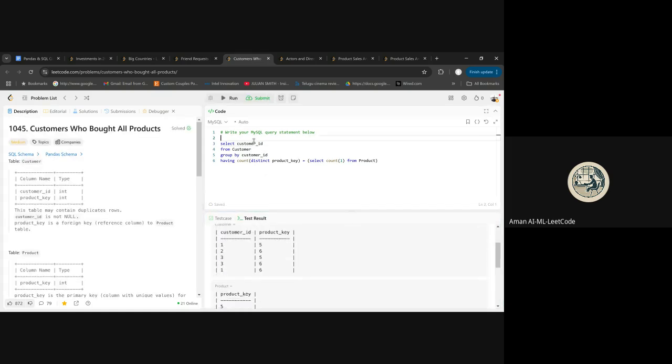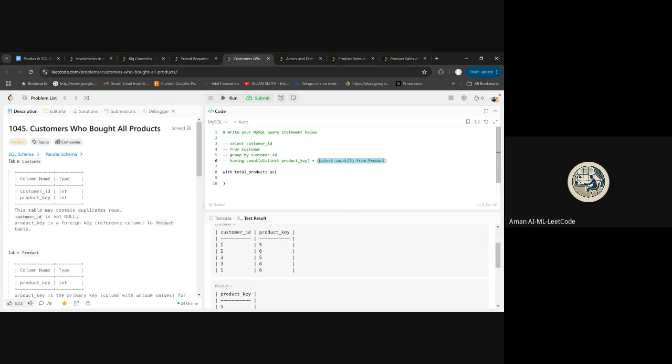You can also solve this by using CTE methods. So CTE में add कर दो with total products as, what are your total products?